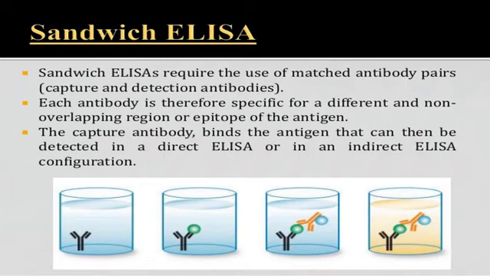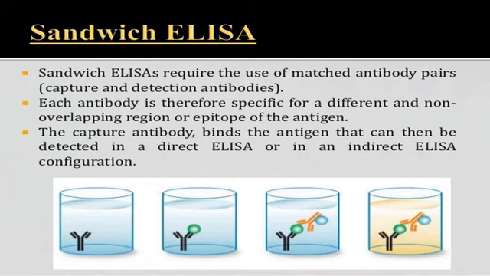So this is in the direct ELISA. We are using one detecting antibodies. We can use indirect ELISA here by using not only one antibodies. So here the antibodies are the capture antibodies on the 96 well plate, and these are the antigen which is in the patient serum or blood.